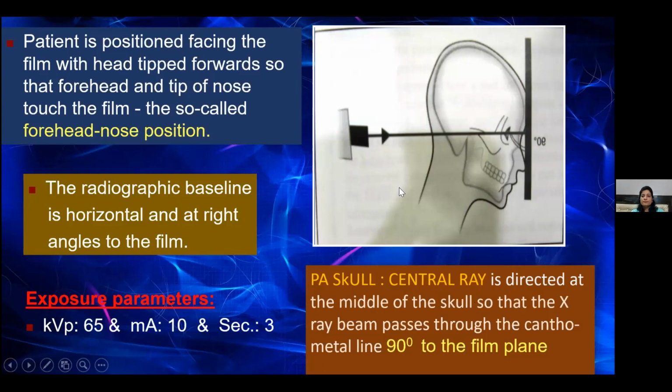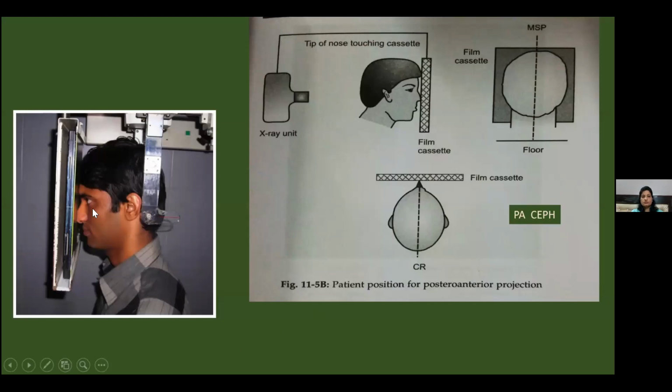So very easy. For PA skull, what is the main important line? Canthomeatal line. The canthomeatal line has to be perpendicular to the image receptor. For that, your forehead and nose should touch the image receptor, and your central X-ray also passes through the canthomeatal line, perpendicular to the film plane. So what radiograph do you get? See the positioning. Can you see the forehead and nose touching?